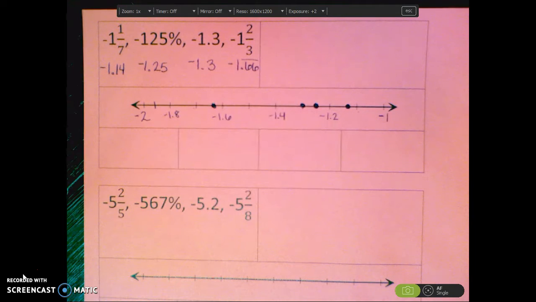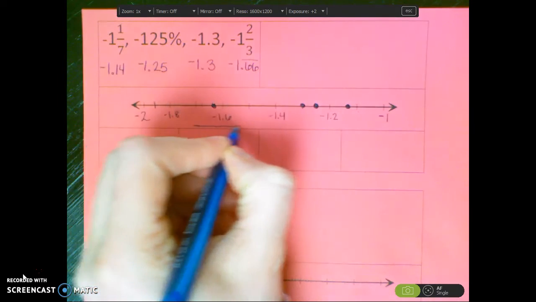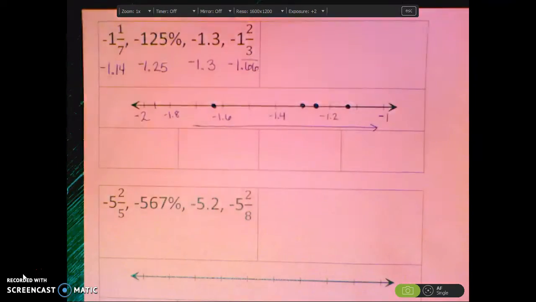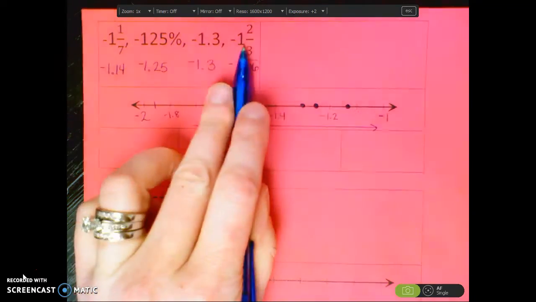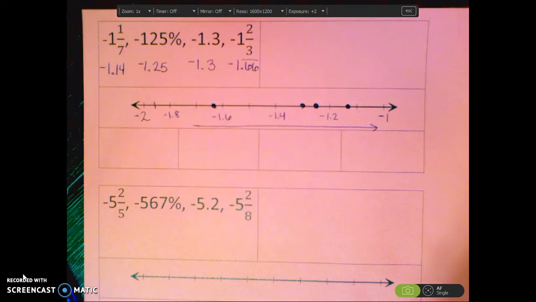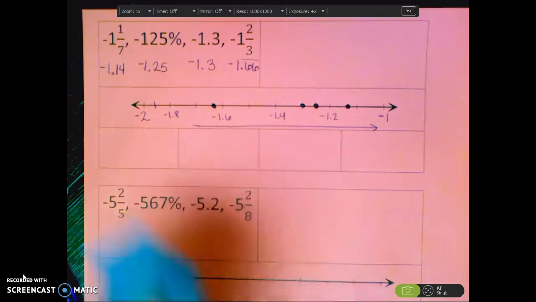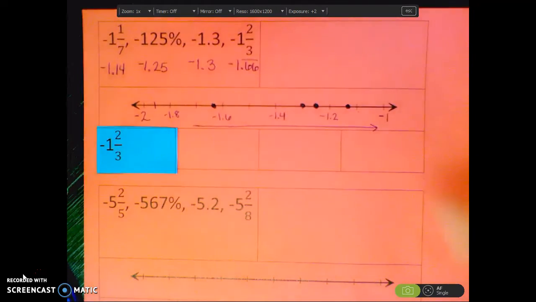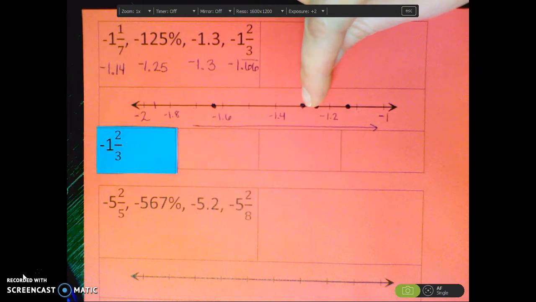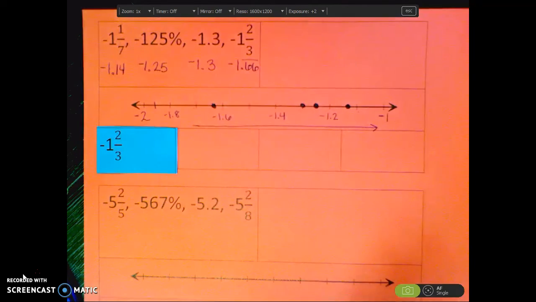So, remember, when we list these from least to greatest, we start listing them from the left to the right. Okay? So I'm going to start here. This was the 1.66, which is the negative 1 2/3. So I'm going to find my negative 1 2/3, and I'm going to glue it right here. Next, moving this way, I have this point, which was the negative 1.3. That is already in the negative 1.3 form.